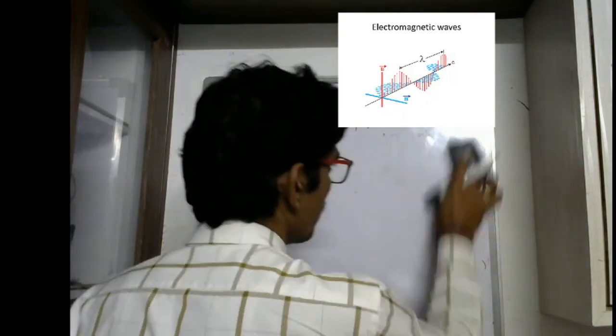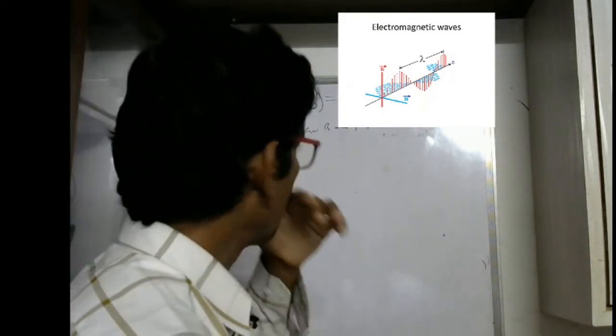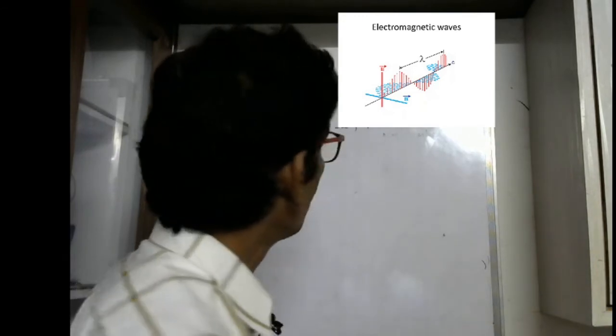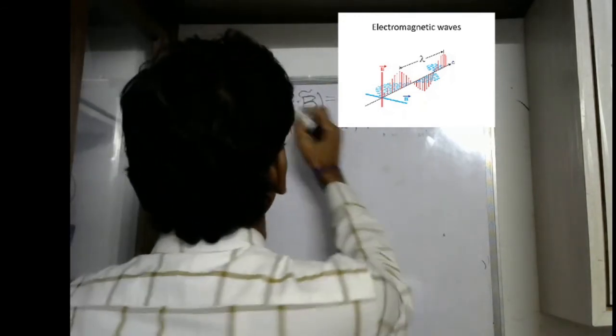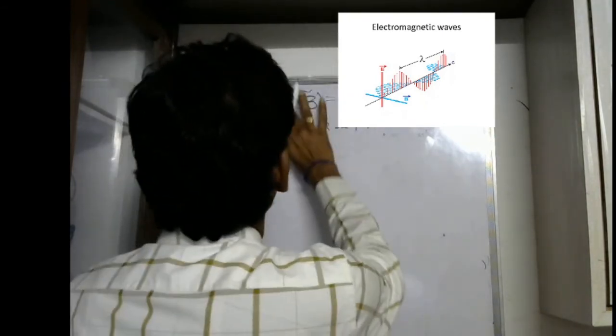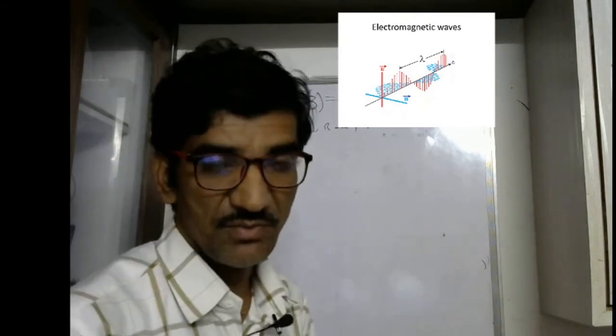Now let us simply bother about the magnitudes of B and E, the relation between the magnitudes of E and B. You take this equation or the previous one.